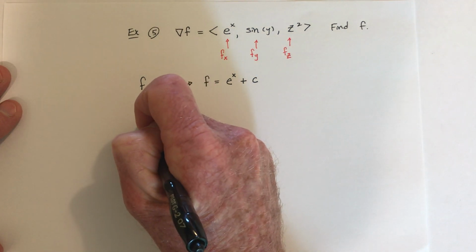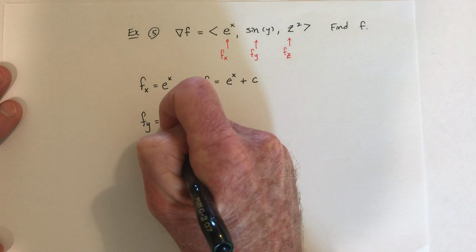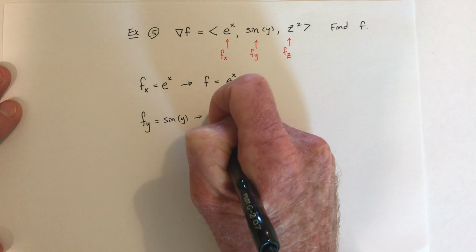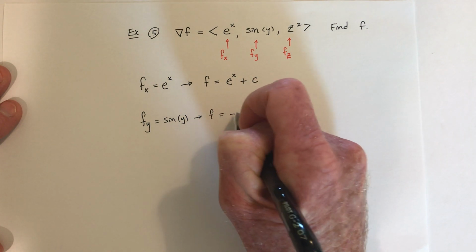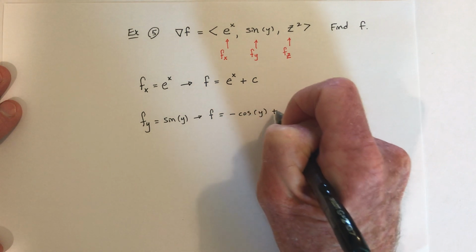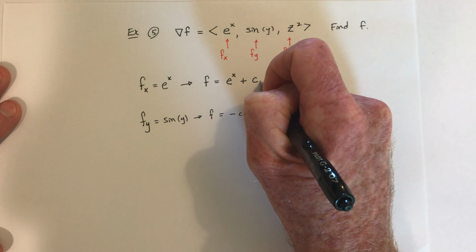Then move on to the derivative with respect to y, which turned out to be sine of y. So then do the antiderivative, and the antiderivative of sine is negative cosine of y, and then plus a constant. Well, because I already used the letter c, maybe I should be more specific.